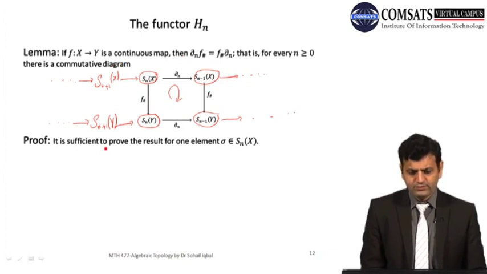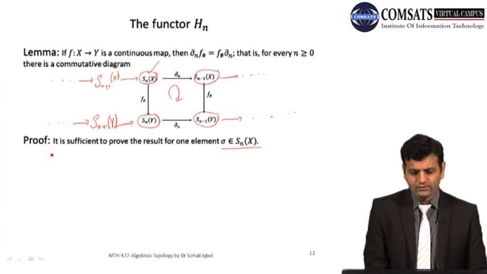It is sufficient to prove the result for one element sigma belonging to Sn x, and then of course by linearity it will hold for each and every element of Sn x. Let's see how to show this result for this sigma belonging to Sn x.